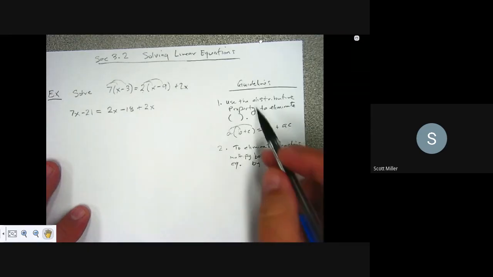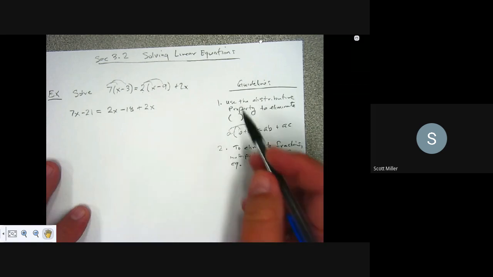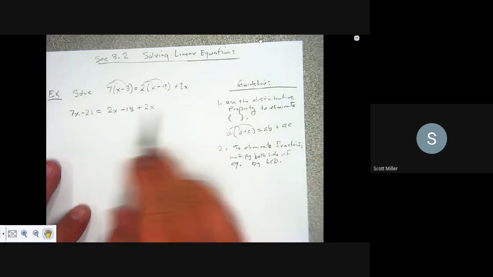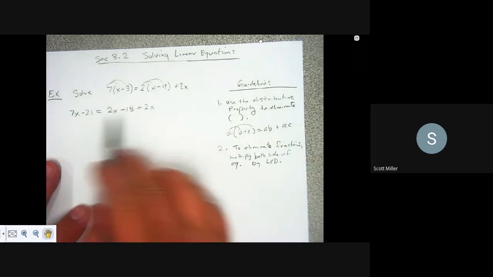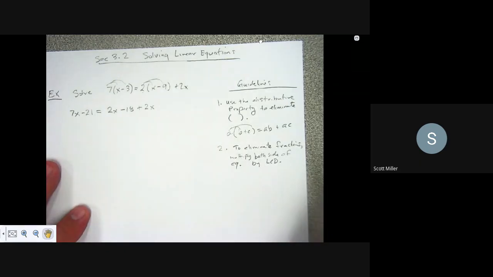Just starting out, you want to do that after you've gotten rid of all the parentheses. At this stage in the game, you can look and see if there are any fractions, and you can eliminate them by doing this process. I'll illustrate this one in a later problem.